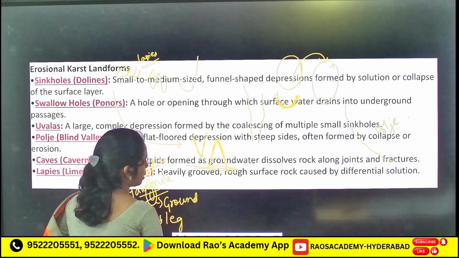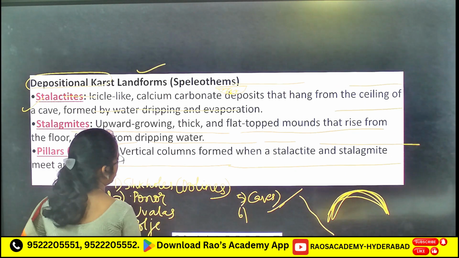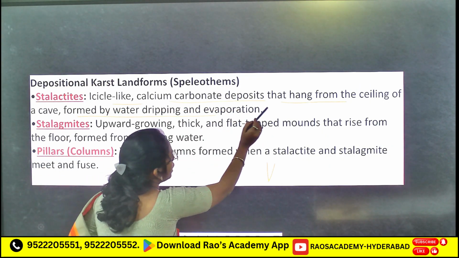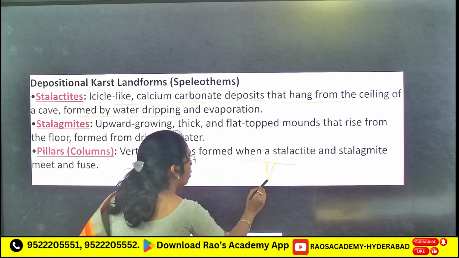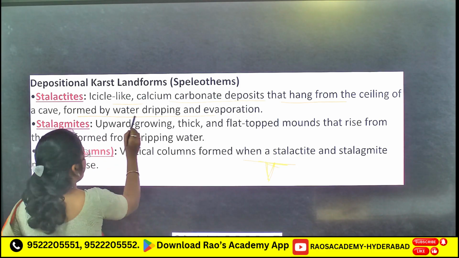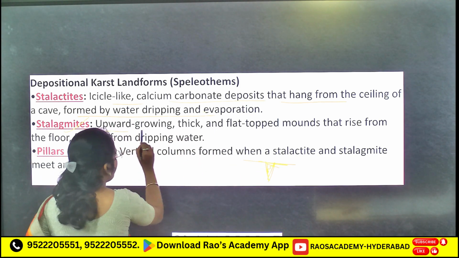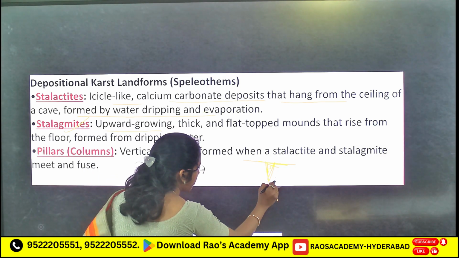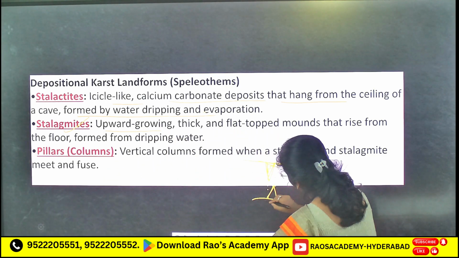Most of the aspirants get confused here. Stalactites: calcium carbonate deposits that hang from the ceiling, formed by water dripping and evaporation. Next, stalagmites: upward growing. Water is dripping, and they grow upward from the surface.